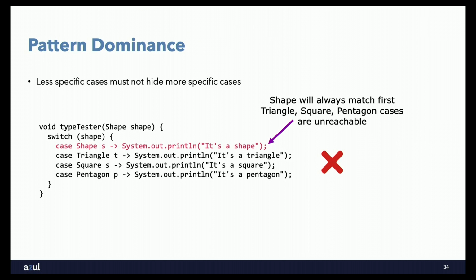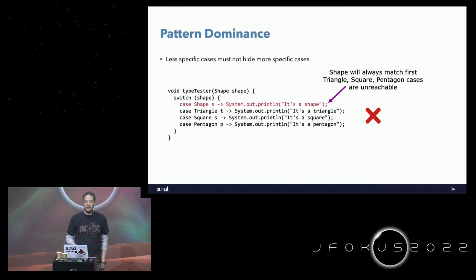We would always say it's a shape, and that's it. The compiler will therefore reject that and say, hang on, shape will always match first, so the triangle, square, and pentagon cases are unreachable. That is not right. So shape dominates the lower cases, and because of that, we need to put it at the bottom so that it only matches if we've got something that is specifically a shape.